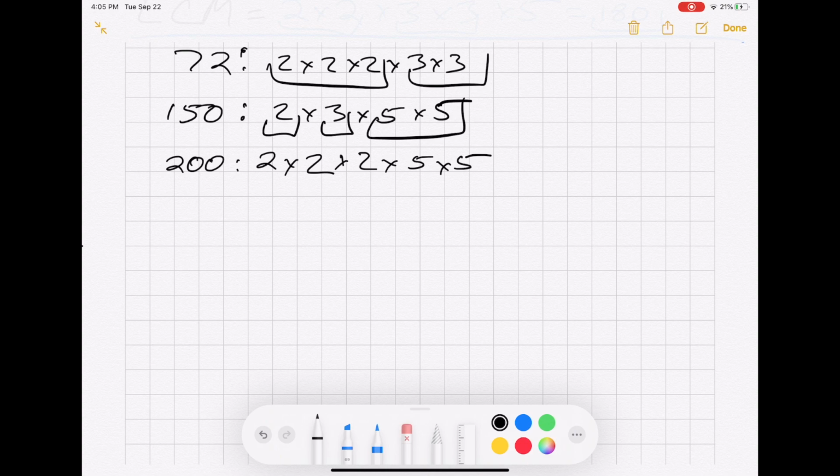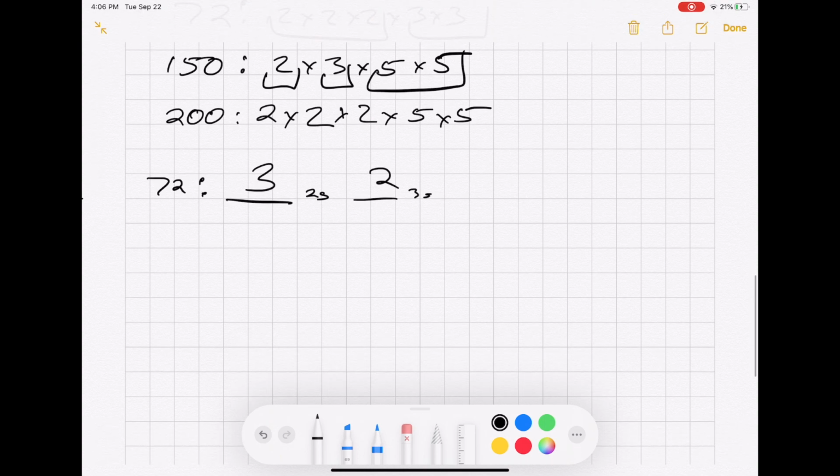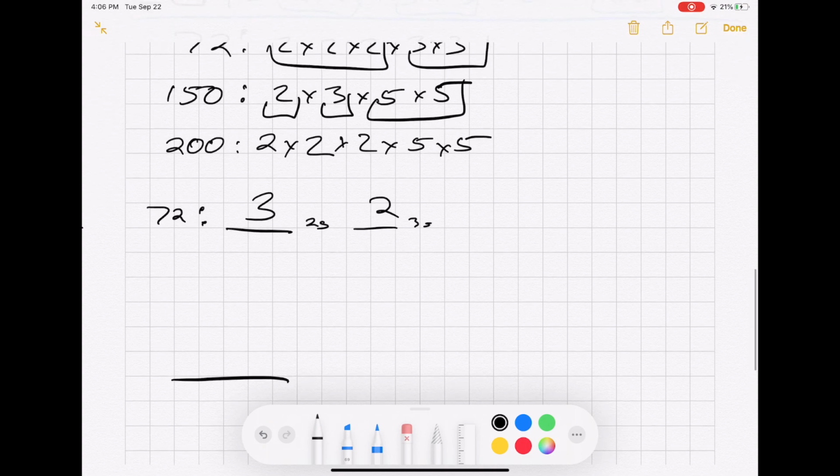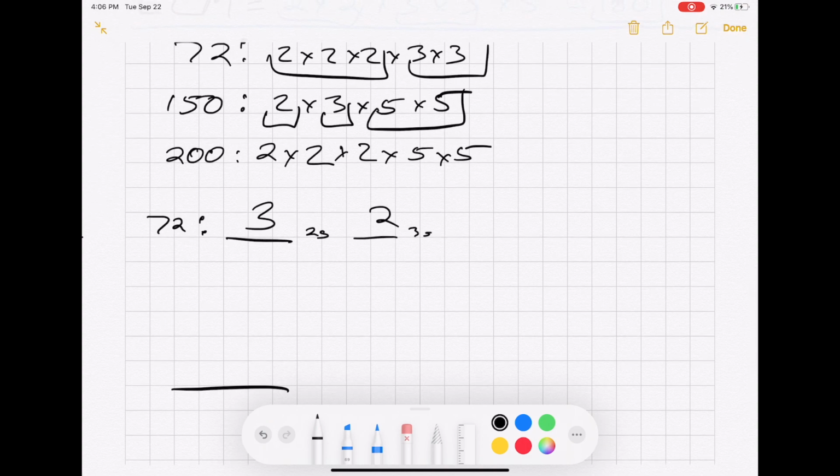Now, we're going to have another look. So I have 72, and the number of 2s it needs is 3, and the number of 3s it needs is 2. So I know right away that it's going to at least have that. And 150 will have 1 2, so I don't need that.